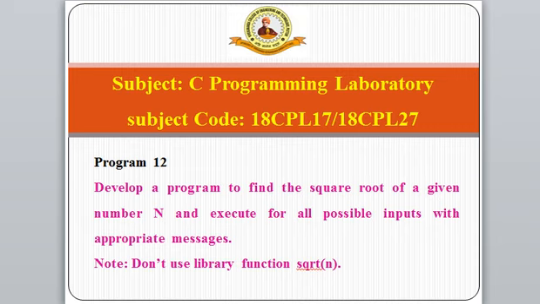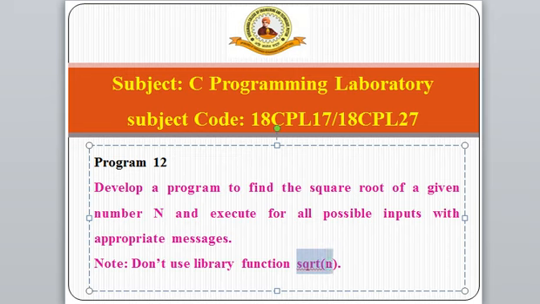Program number 12 is to develop a program to find the square root of a given number n and execute for all possible inputs with appropriate messages. Now, we have to find the square root of a given number where we are not supposed to use any built-in function.